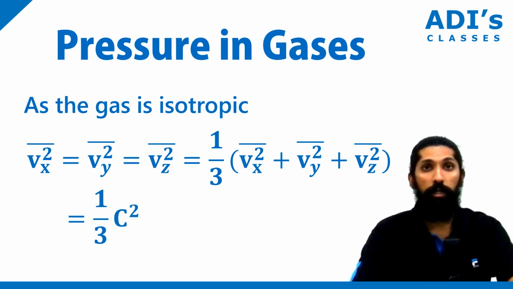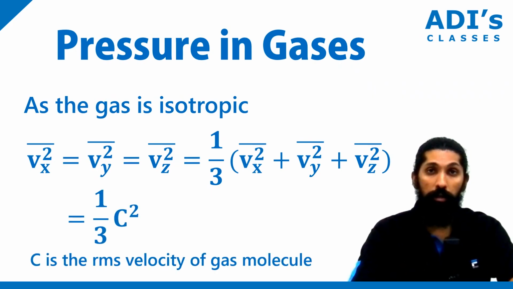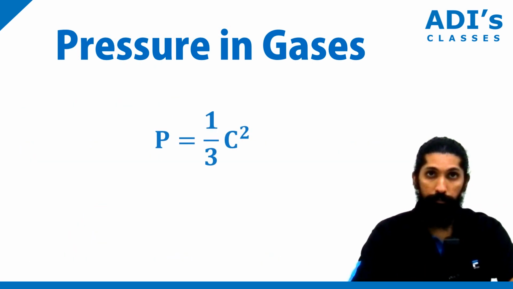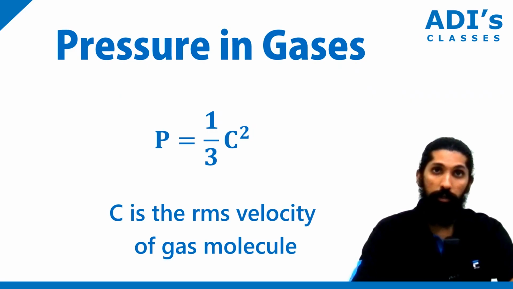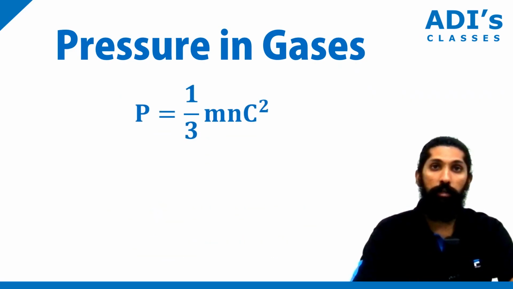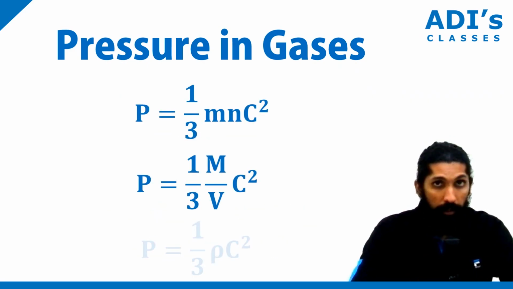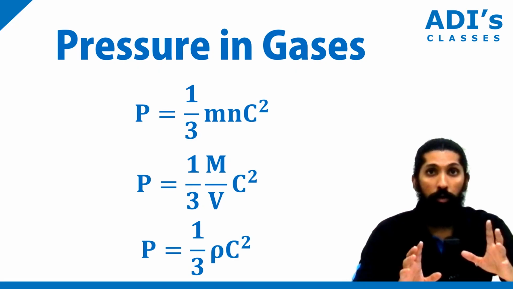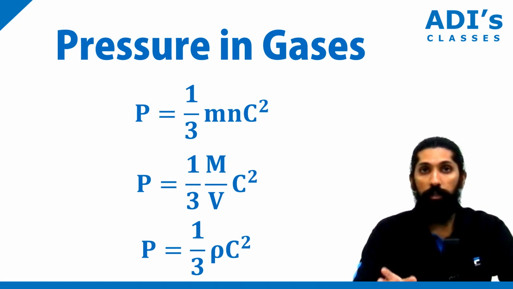This can be called 1/3 C square, where C is the RMS value, the root mean square value. So P becomes 1/3 m n C square, or the same thing can be written as 1/3 m by V into C square, or 1/3 rho C square. Rho is basically the density.